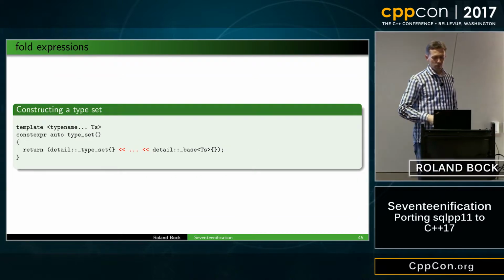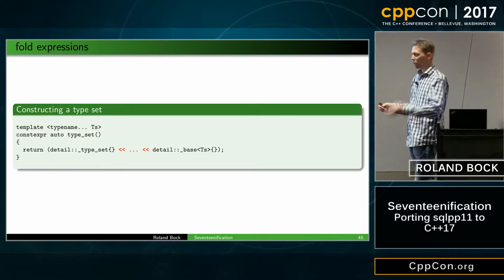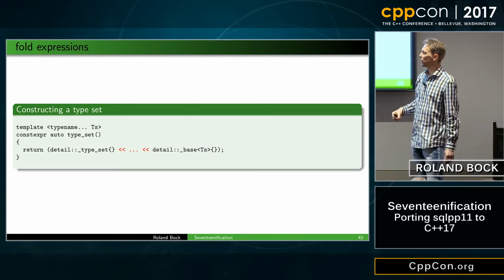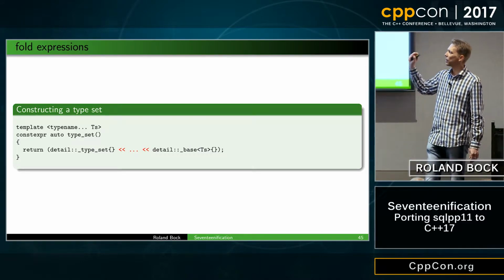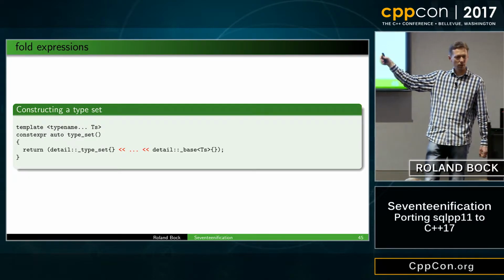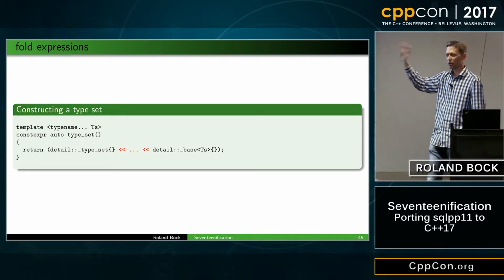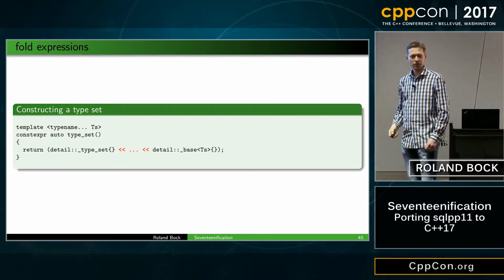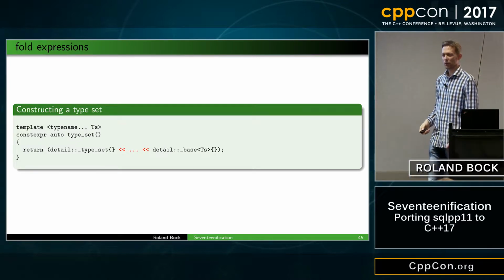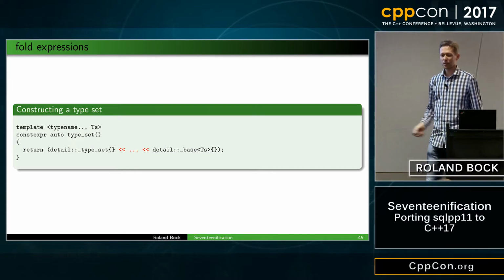And now, if we want to construct a typeset, we just take any number of t's. Right? They don't have to be unique. Just take any number of t's and then initialize the fold expression with an empty typeset and just shift every one of our types in there. Right? It will make sure that everything is unique. Okay? And then we have a typeset.